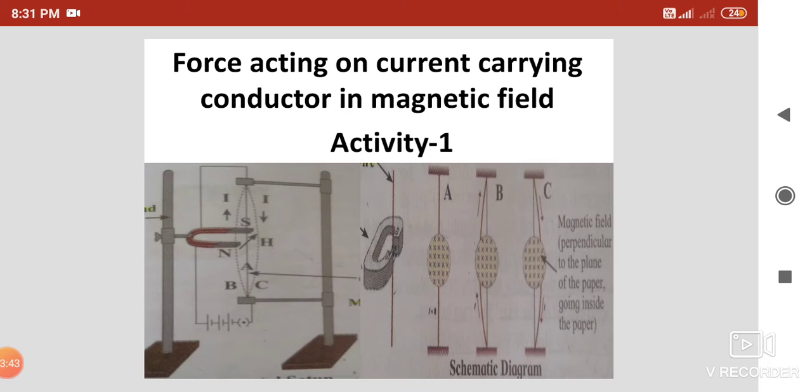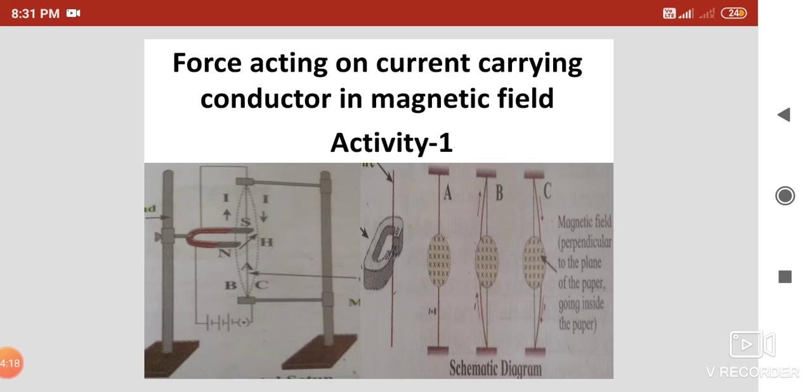If the magnet is kept reversed, that is, its south pole is brought to the position of the north pole and the north pole to the position of the south pole, then too the direction of force will be reversed. So this experiment clearly shows that a force is exerted on a current carrying conductor. The direction of force depends on both the direction of current as well as the direction of magnetic field.